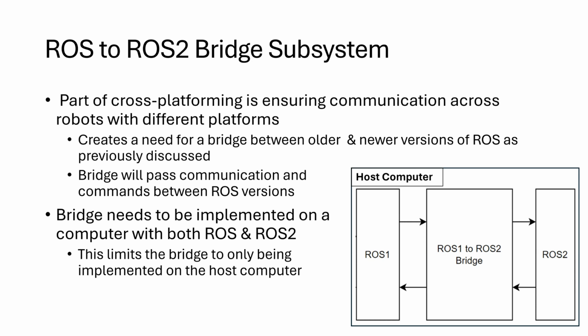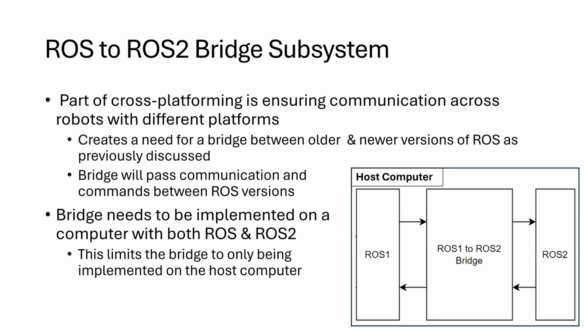So our ROS bridge will be set up using a publish subscribe method. And what it will do is it'll subscribe to a ROS1 topic on the robot. And so it receives the information from that topic. And then it's going to publish to the ROS2 node on the host computer. And what it's going to do, it's going to change any commands from ROS to ROS2 that are needed.